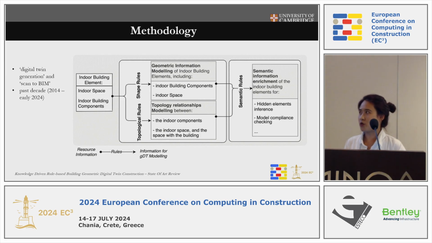The semantic rules are based on the previous exploration of the shape rules and typological rules, and then people take a further step of inference beyond what we see from the point cloud data. This is to infer the potential knowledge, or, according to the knowledge of the building, to see what is behind the scanner.